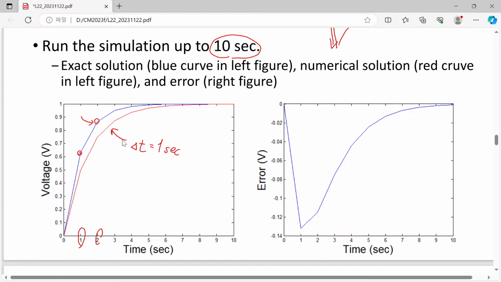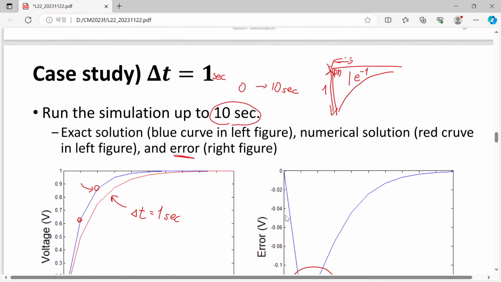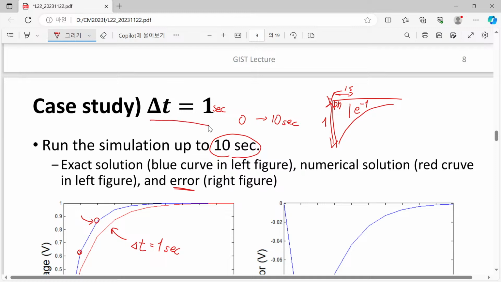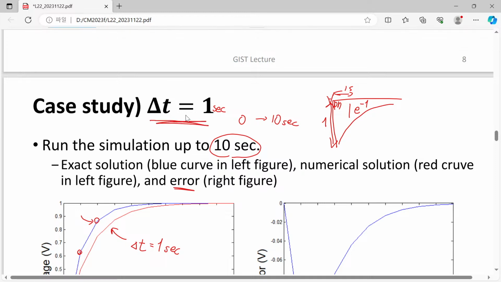It contains a lot of error, and error means the difference from the exact analytic solution, and as you can see here, this is the error level. The maximum error in its absolute value is more than 0.1 volt. Significant error is observed. But you all understand this situation because we have used too large steps for transient simulation.